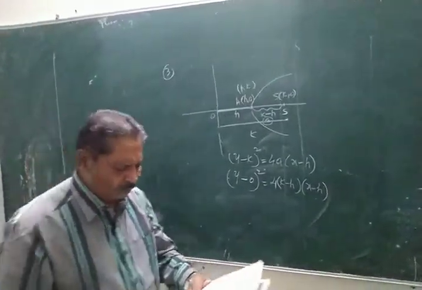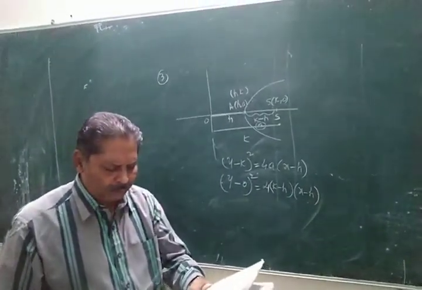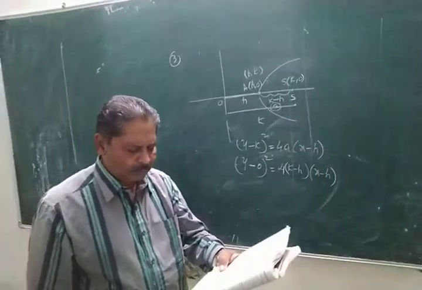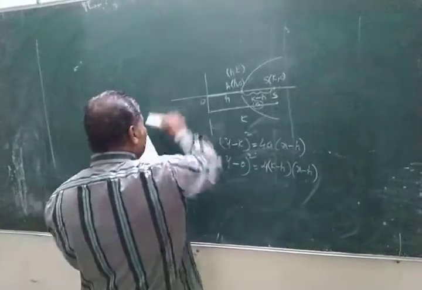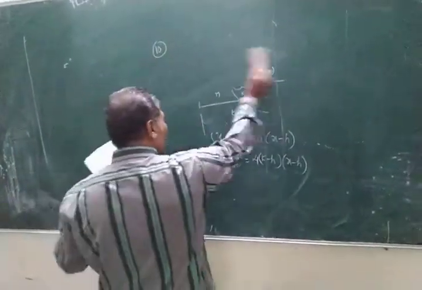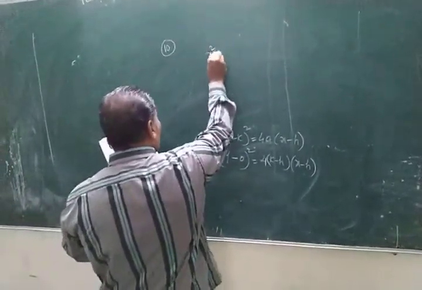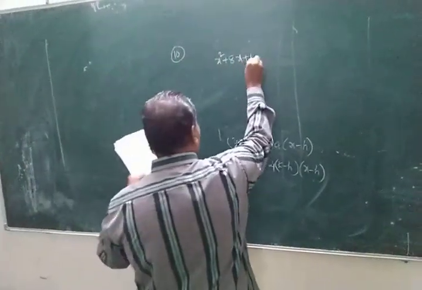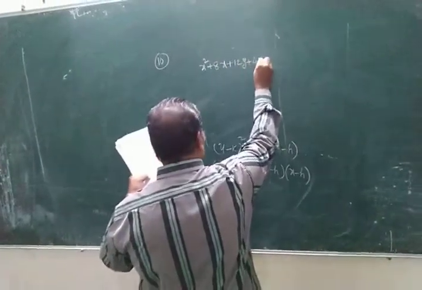Next, bit number 10. Find the vertex of the parabola x square plus 8x plus 12y plus 4 equal to 0.